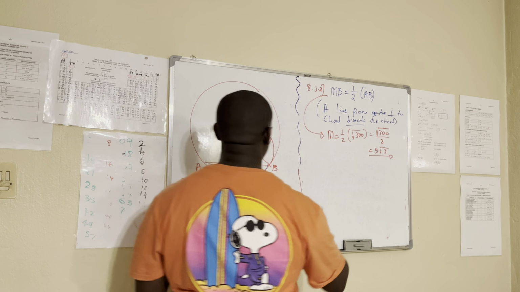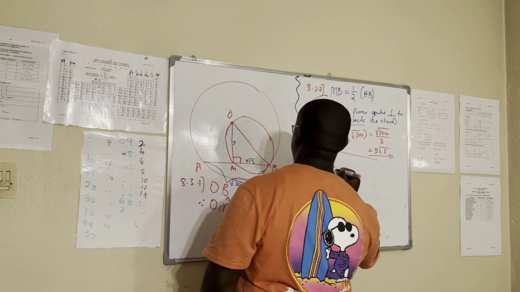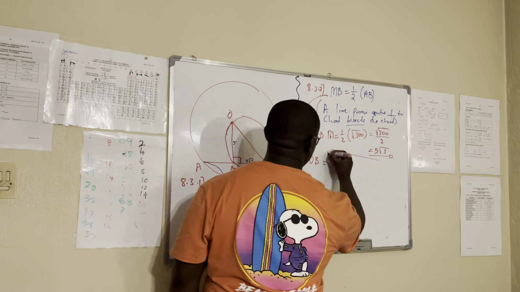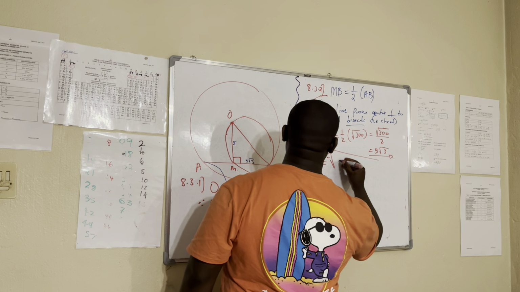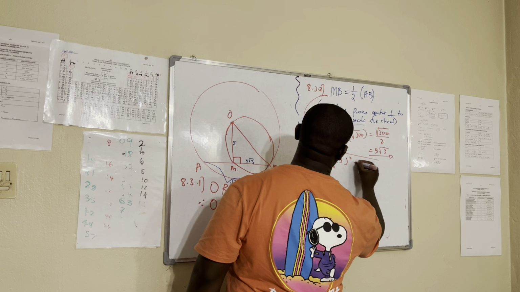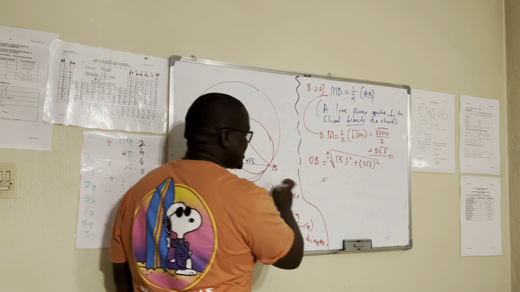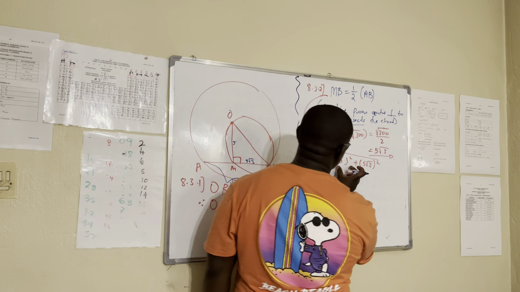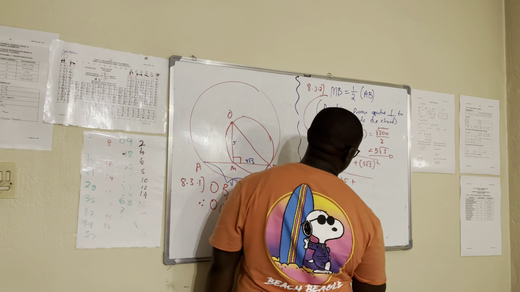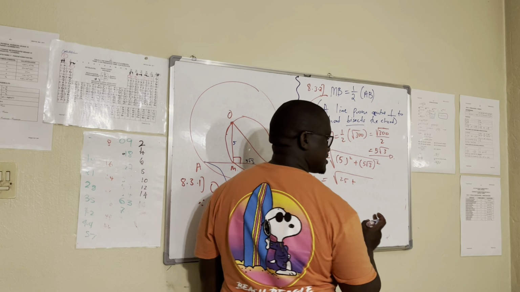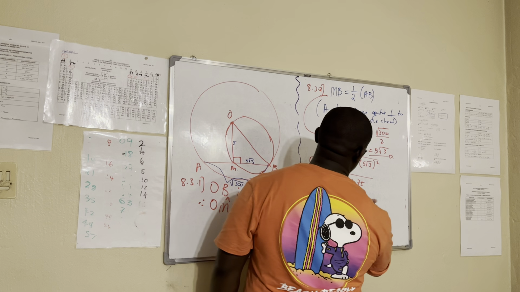So OB is equal to the square root of, normally I put plus or minus, but because this is a distance, it's going to be positive. So it's the square root of 5 squared plus 5 root 3 squared, which is the square root of 25 plus 25 times 3. 25 times 3 is 75. So the answer is the square root of 100, 10 units.